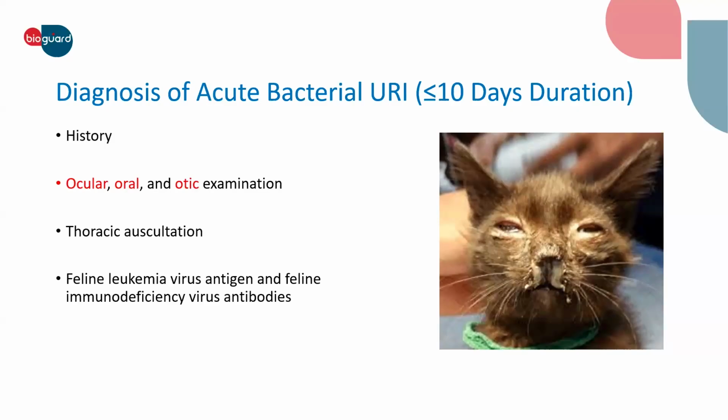So if the cat has URI, we also suggest checking FeLV antigen and FIV antibody using the rapid test.